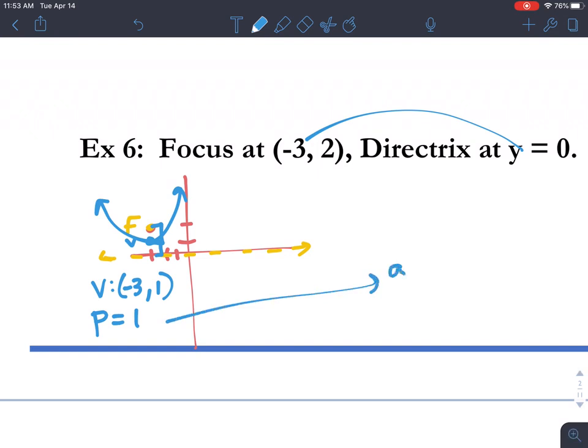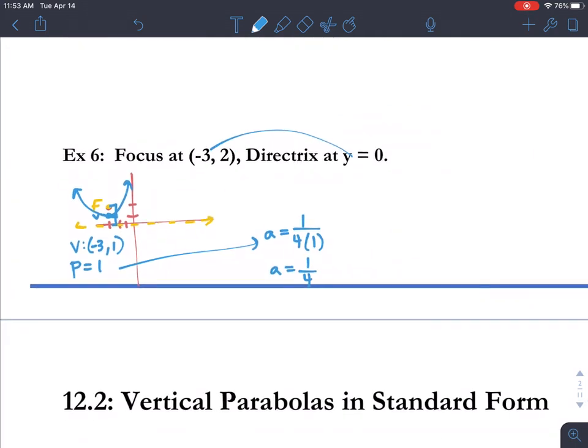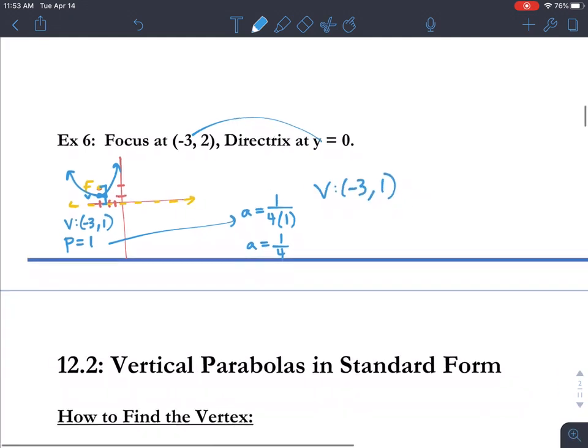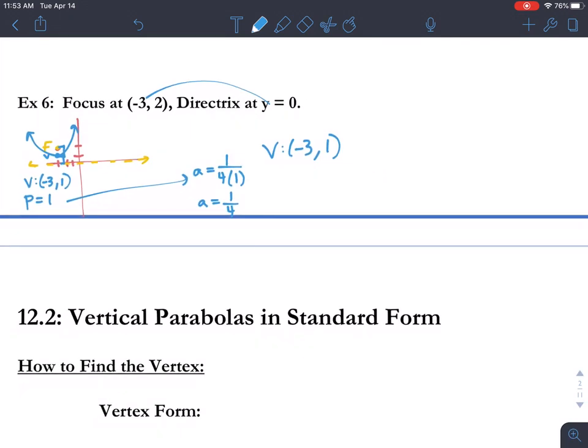We use our handy equation, a = 1/4 times 1. So a is positive 1/4. That should make sense because it's facing up, so it should be positive. And we have our vertex is -3, 1 because it was directly in between and lined up with the focus and directrix. So let's write our equation. y = 1/4 times x plus 3 squared, again opposite, plus 1. And there's our final answer.